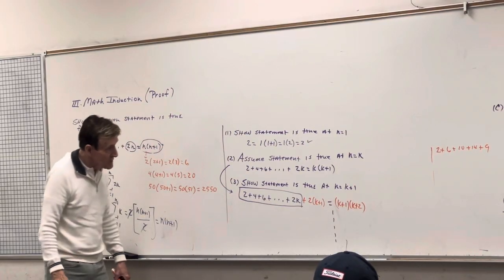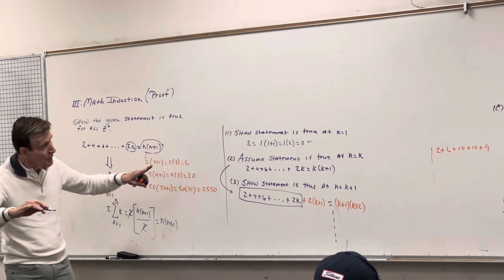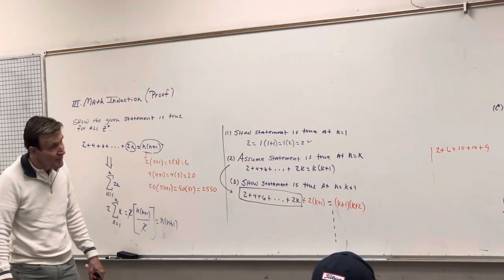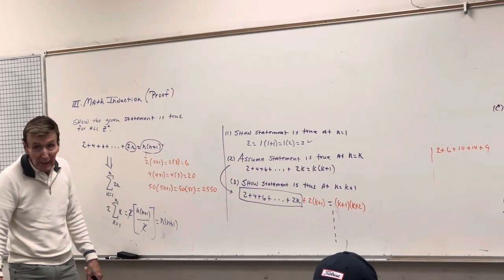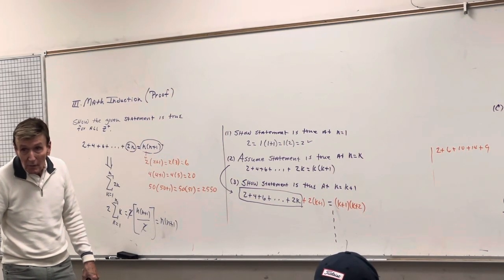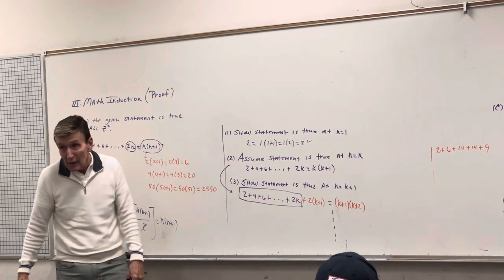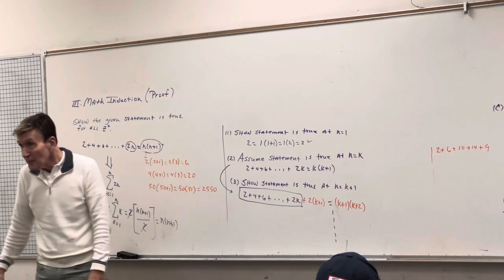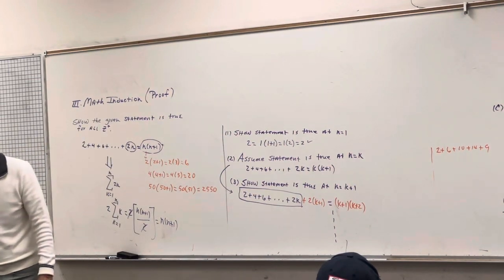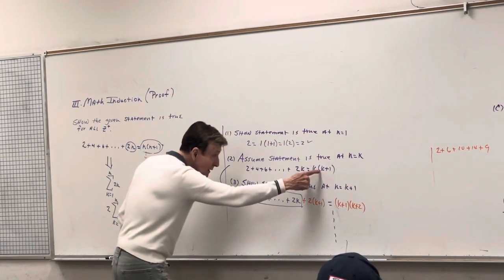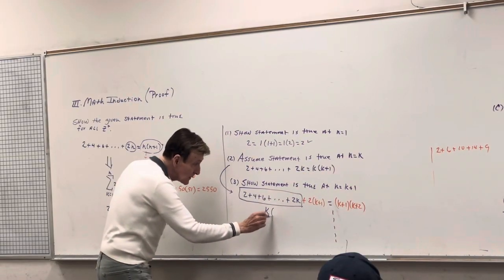What did step 2 say all that I just blocked off is equal to? Look back at step 2. What is all this right here equal to, by step 2? K times k plus 1. Right here it is. So all this is equal to this.